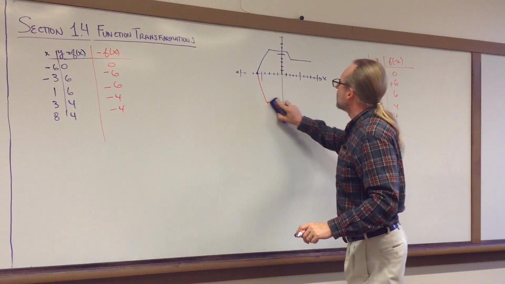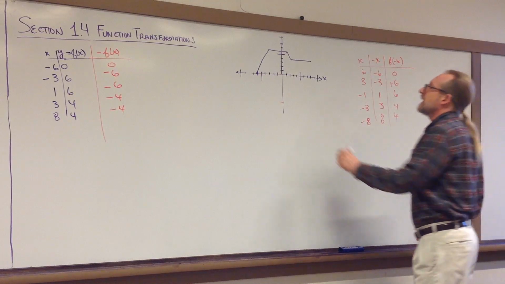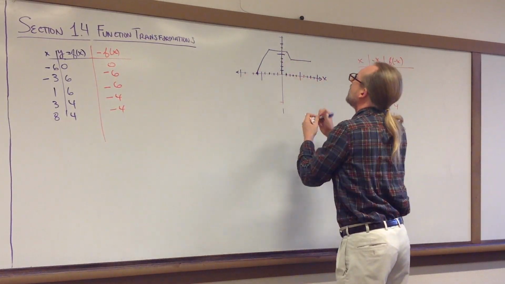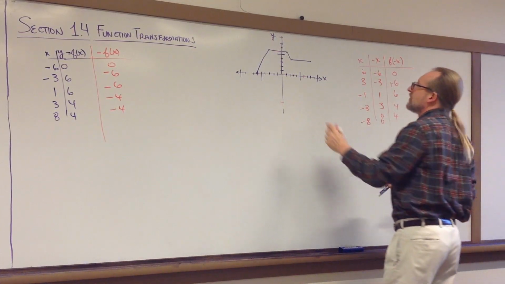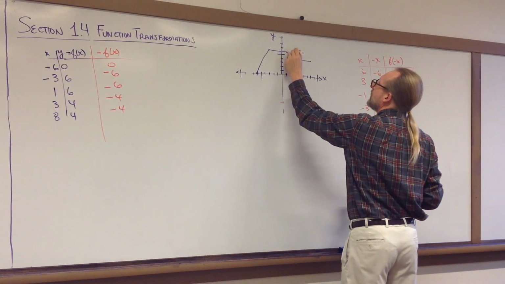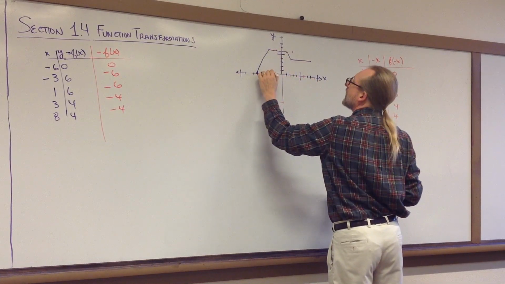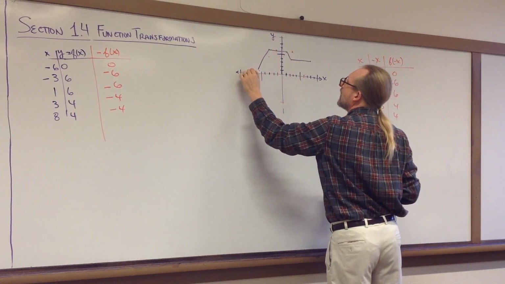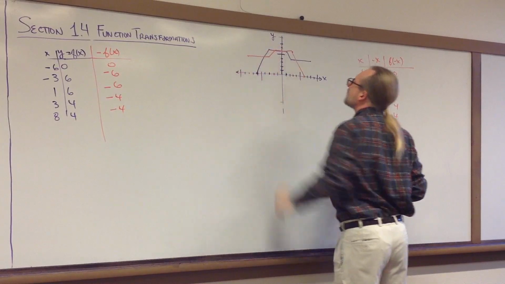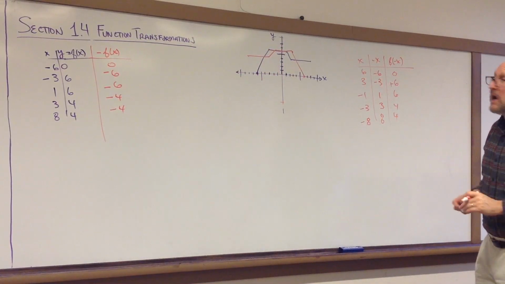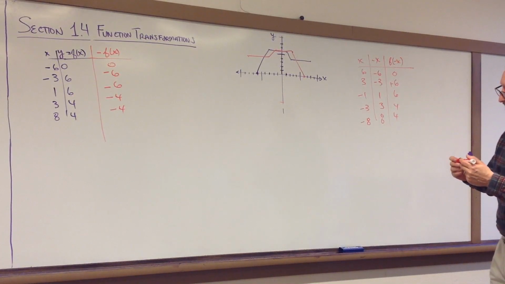And so what that's going to do with the negative inside the parentheses is that's going to flip this thing around and it's going to reflect it over the y-axis, all right? So there's our 6, 0, and then 3, 6, negative 1, 6, negative 3, 4, negative 8, 4, and there is our function reflected across the y-axis. And this negative inside the parentheses is what does that, okay?